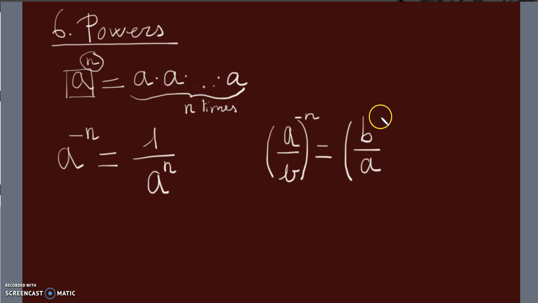All you have to do is reverse numerator and denominator and write the exponent positive, okay? So that's the way to change a negative exponent into a positive exponent, okay?